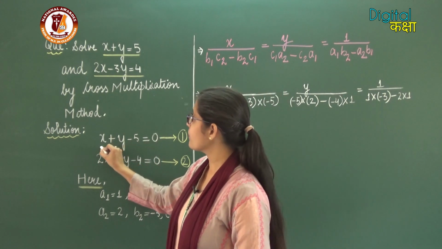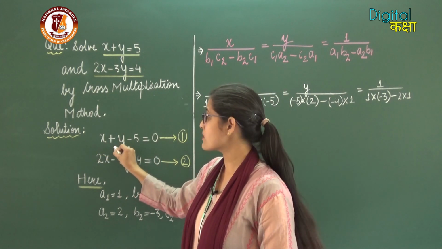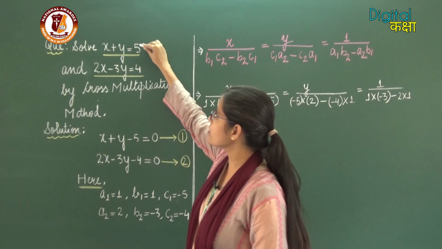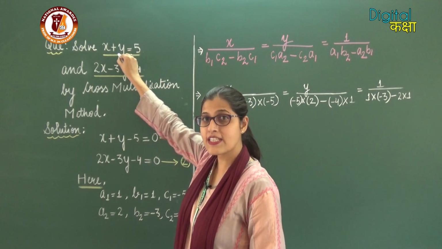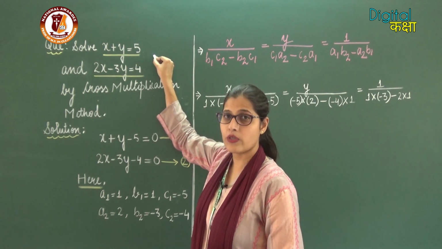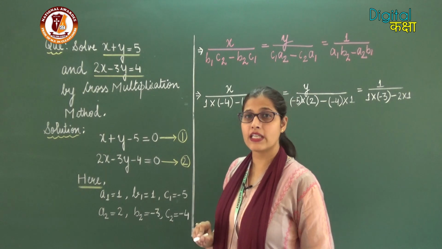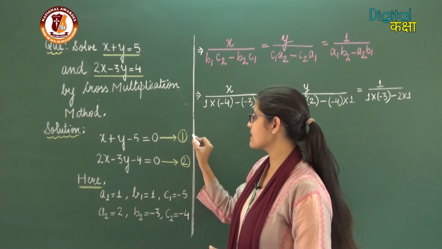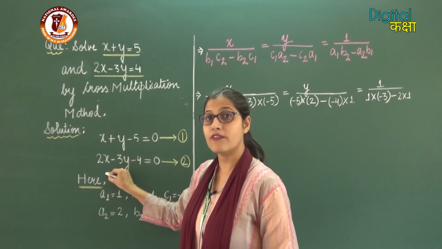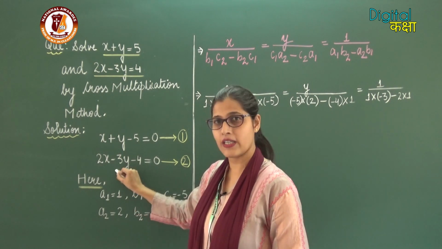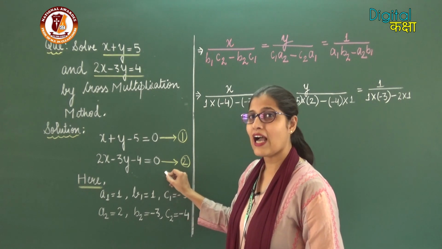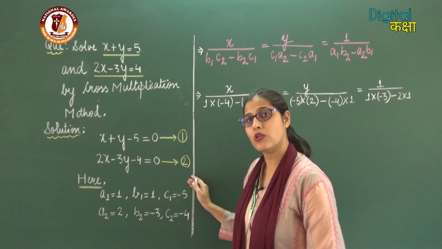As you can see, we have rewritten it as x plus y minus 5 equals 0. I have shifted this 5 to the left hand side, and then equated the overall equation to 0, and marked it as equation number 1. Similarly, for the second equation, I have written it as 2x minus 3y minus 4 equals 0, and we have marked it as equation number 2.